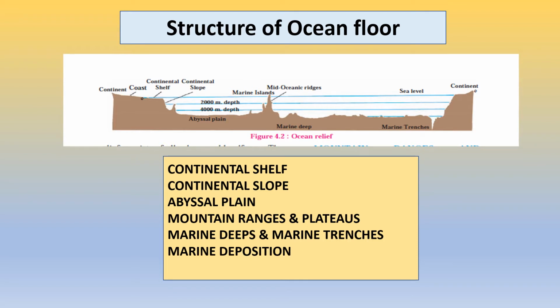In the diagram, we can see the coastline, the continent, then a gently sloping land about 200 meters deep, called the continental shelf. The continent extends into the continental slope, and then we have an extensive land called an abyssal plain, and in between we find hills, plateau ranges, and mountain ranges. Let us know about each one in more detail.